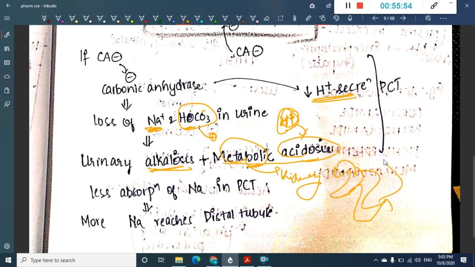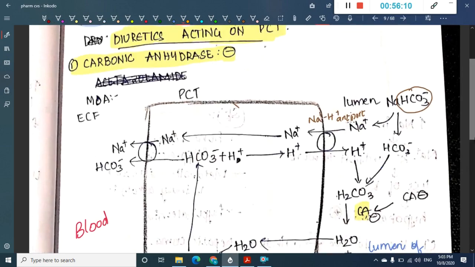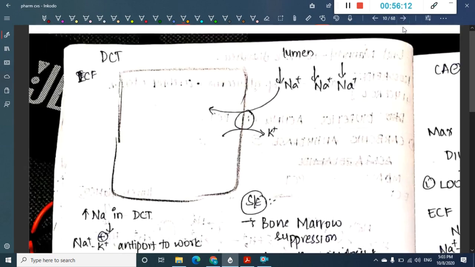In the DCT also there is less absorption of sodium. So this is what's seen in carbonic anhydrase inhibitors. What are the carbonic anhydrase inhibitors that we see? We will learn them in detail.